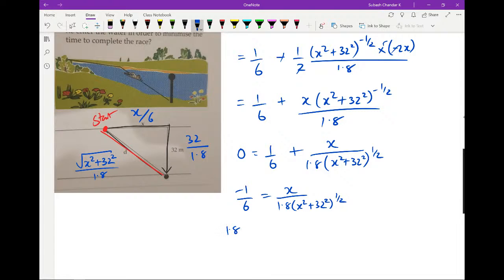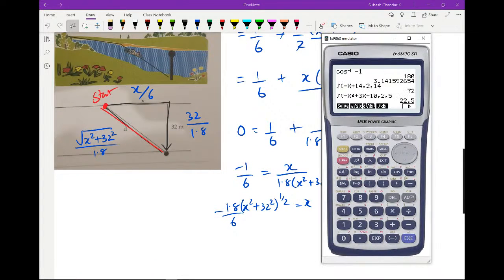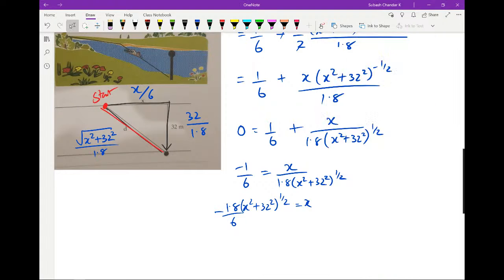So we've got 1.8 over 6 times x squared plus 32 squared to the power of half is equal to x. Now negative 1.8 over 6, I just want to get rid of it. Is this going to be a nice number is the question. There's negative 0.3. Rearranging it, I get x squared plus 32 squared to the power of half equals x over negative 0.3.